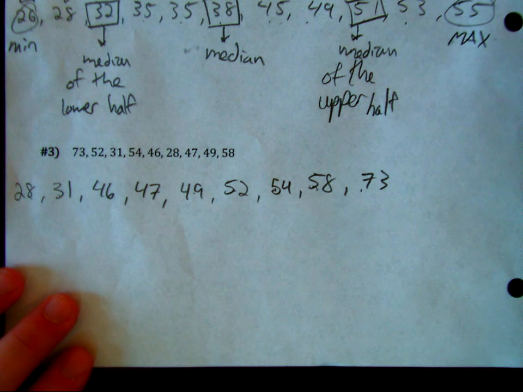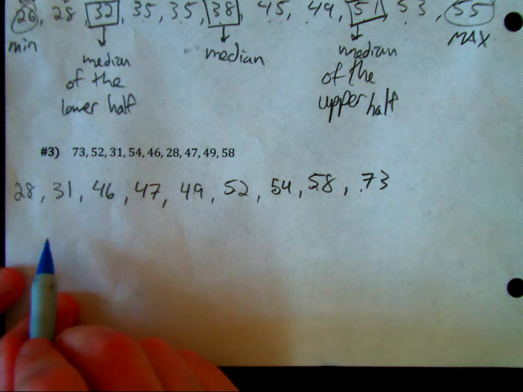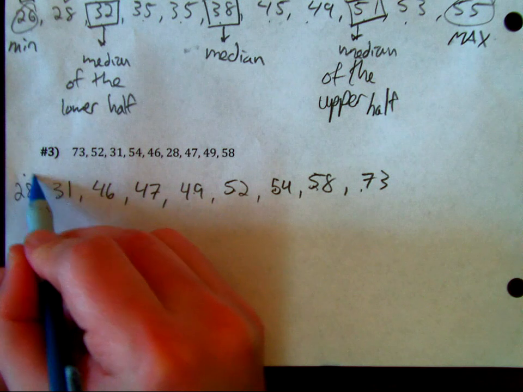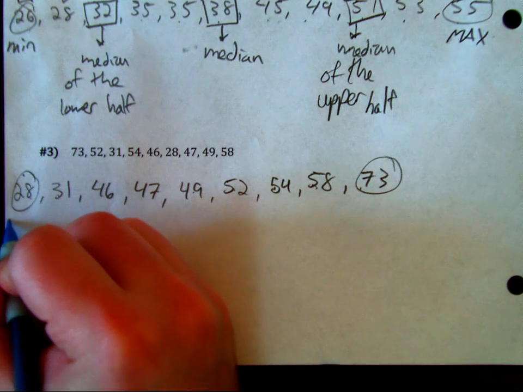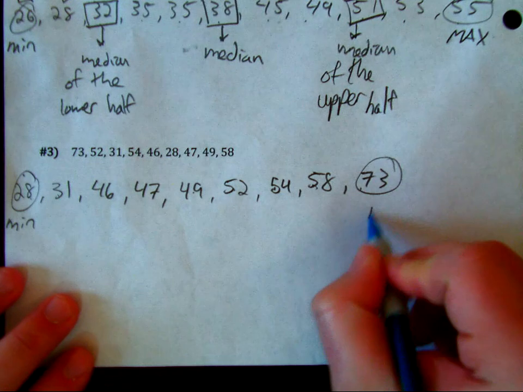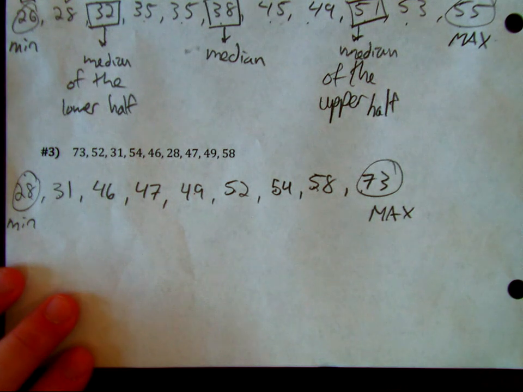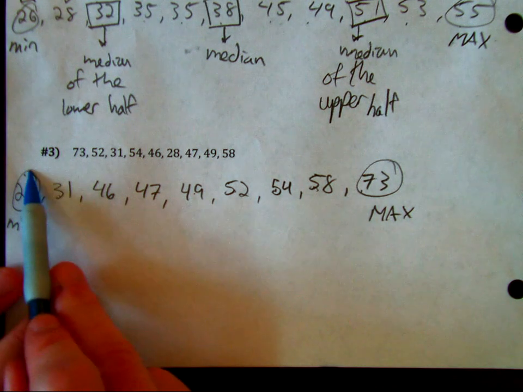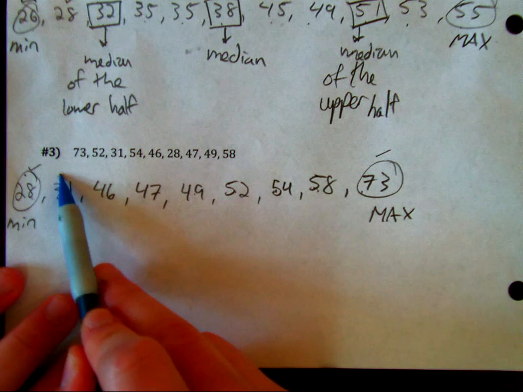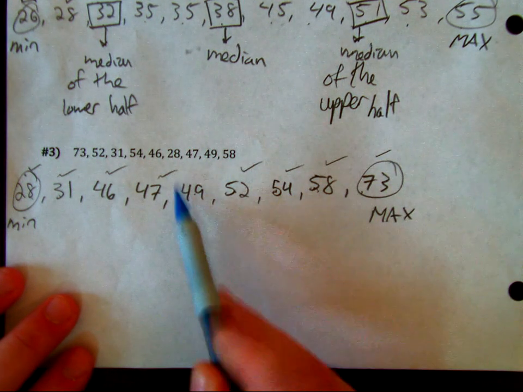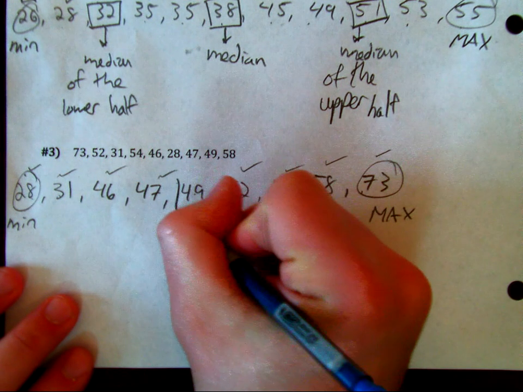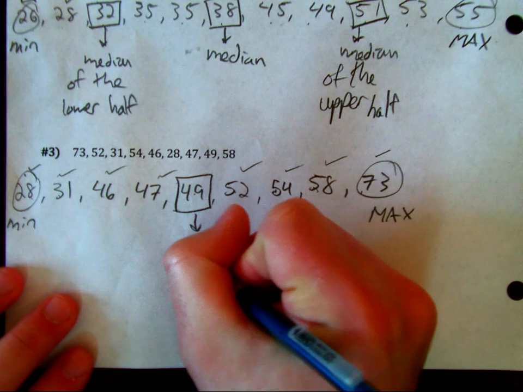Our two ends are the min and max, and that leaves our pairing strategy that we've been using. That 49 right in the middle, box that in and call that our median of the entire set.